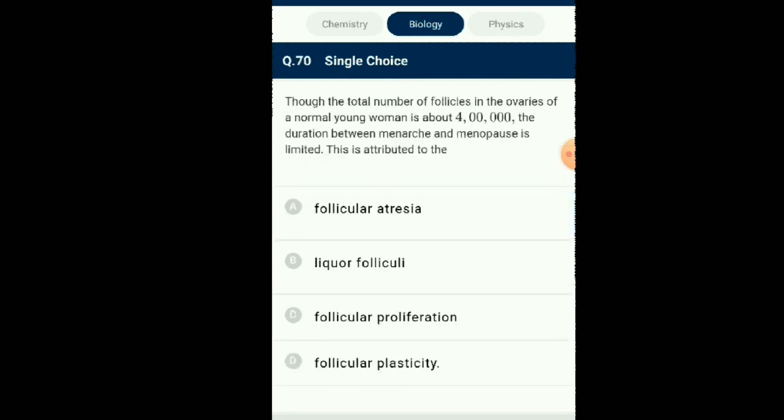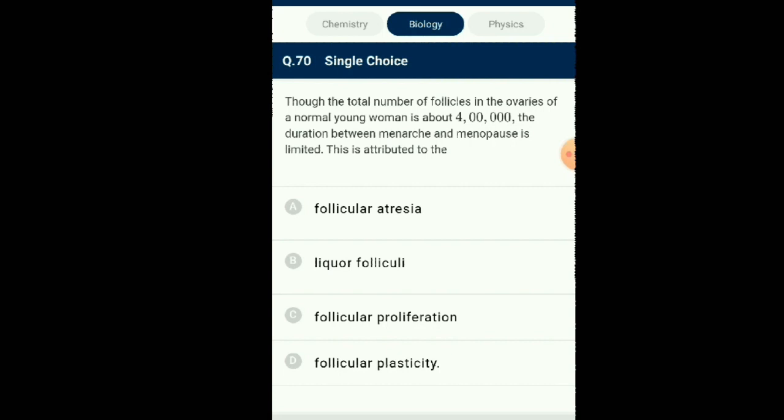Question number 70. Though the total number of follicles in the ovaries of a normal young woman is about 4 lakhs, the duration between menarche and menopause is limited. This is attributed to the fact that out of about 4 lakh follicles in both the ovaries, only approximately 500 eggs mature, because many ovarian follicles at the primary oocyte stage undergo degeneration.